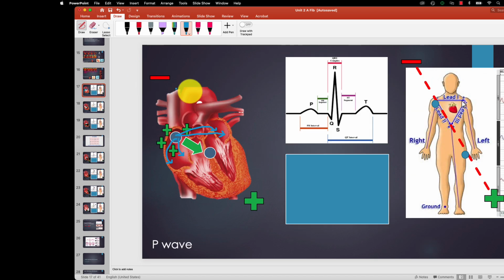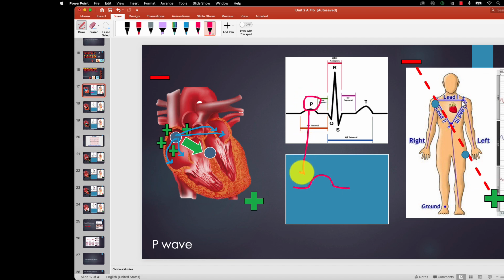Let's go back really quick. Okay, positive current. Which direction is it heading towards? Well, look, it's heading towards the positive electrode. So what is going to happen here? Well, we are going to get our first deflection, and it's going to look like this. And now, ladies and gentlemen, we have our P wave.